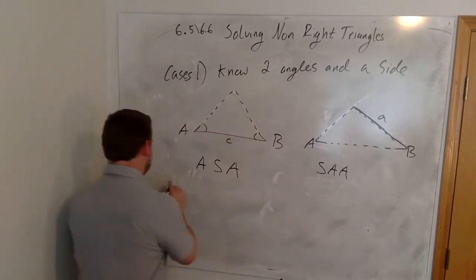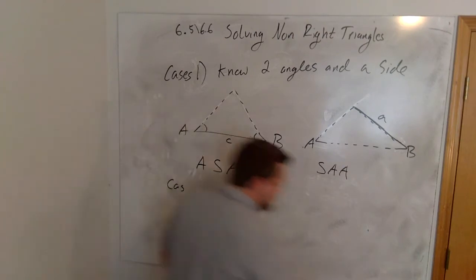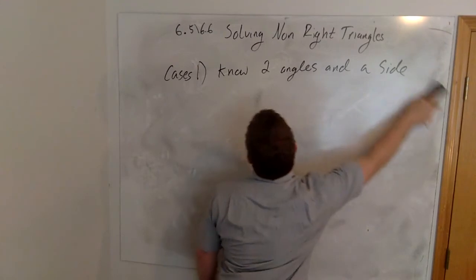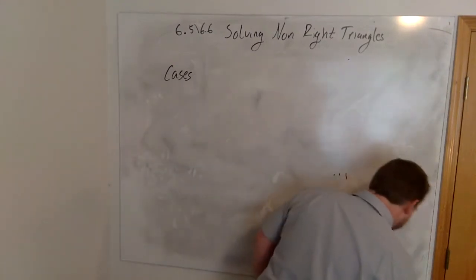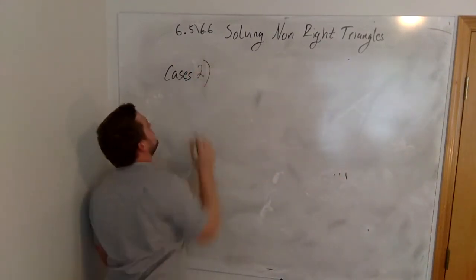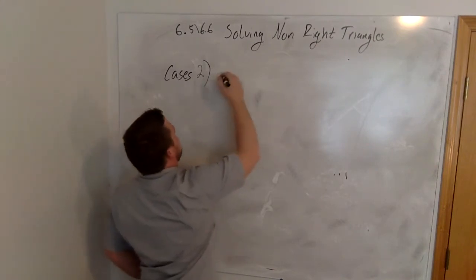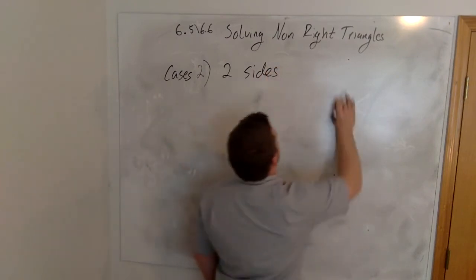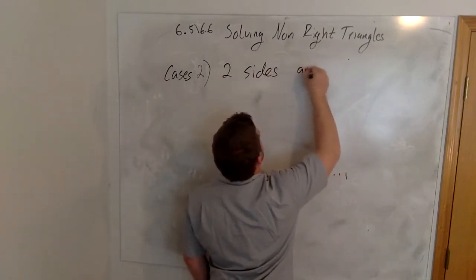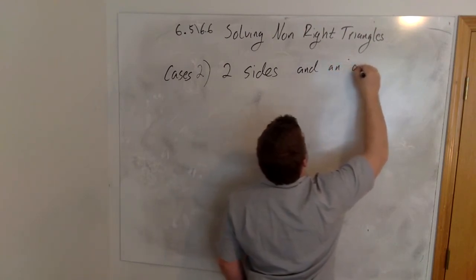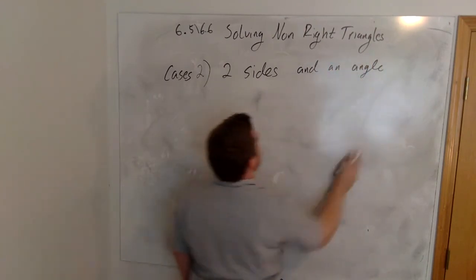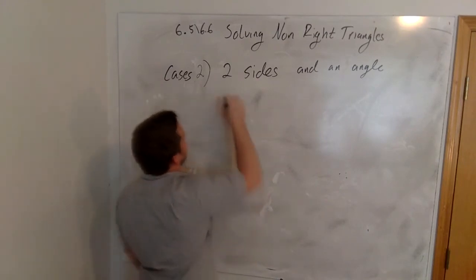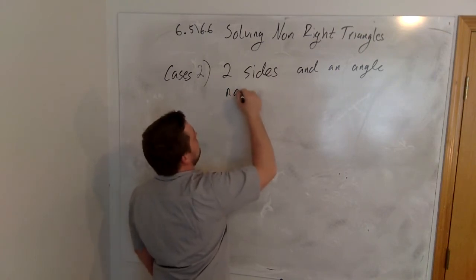Okay, there is case 2. Case 2, maybe I'll erase a little bit of this. There's case 2. Case 2, okay, what if we know two sides? We could know two sides and an angle, and let's say an angle not between the sides.